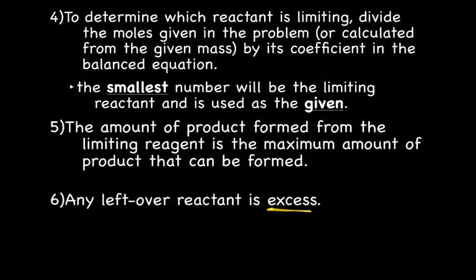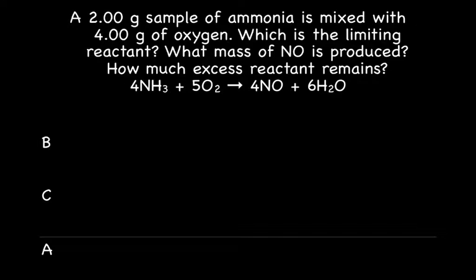So let's now try going through one of these. All right, so our sample problem: 2 grams of ammonia is mixed with 4 grams of oxygen. Which is the limiting reagent? What mass of NO is produced, and how much excess reagent remains? Okay, so the very first thing we need to do is put our balanced equation in our BCA table.